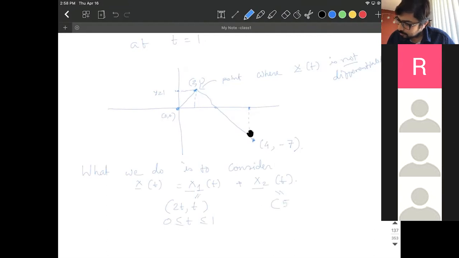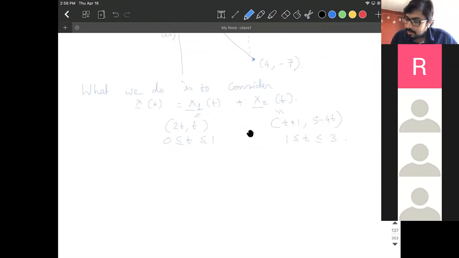So this is (t plus 1, 5 minus 4t) between 1 and 3.